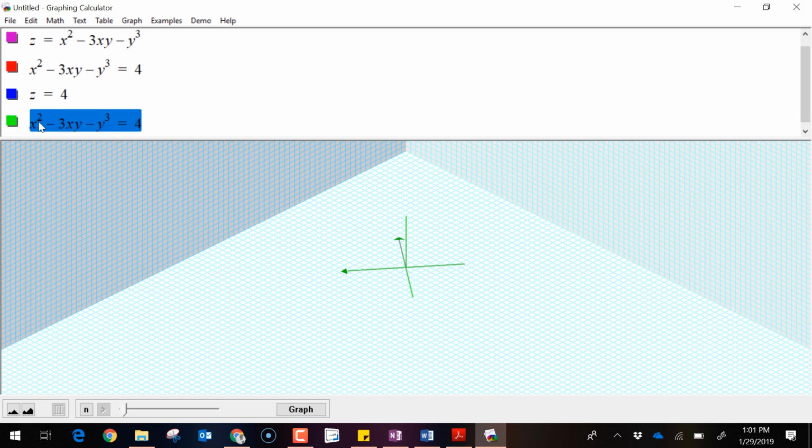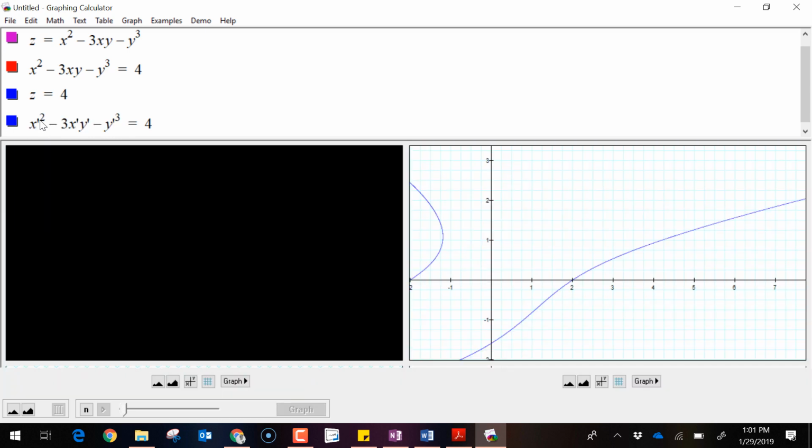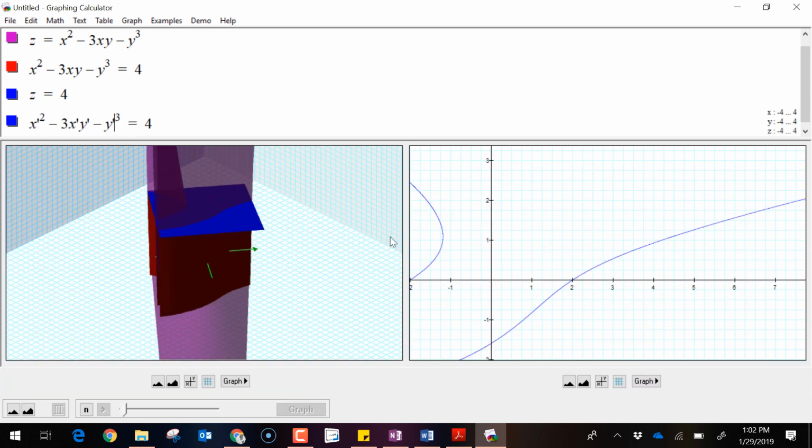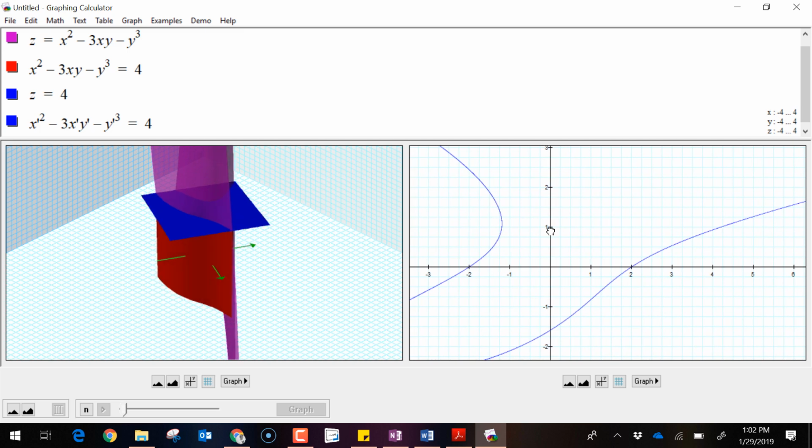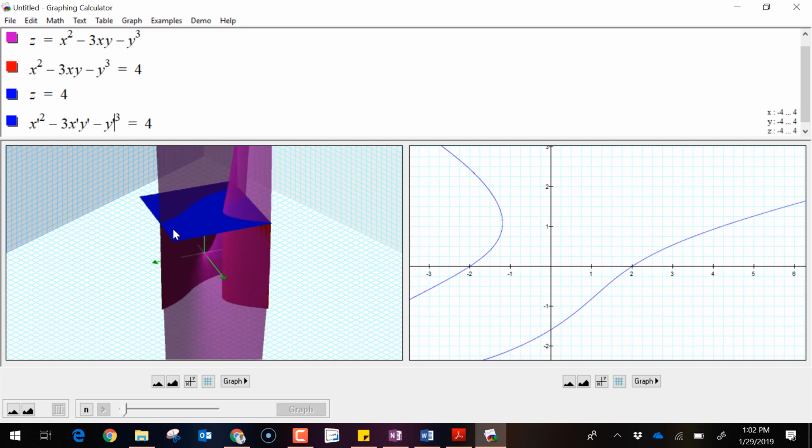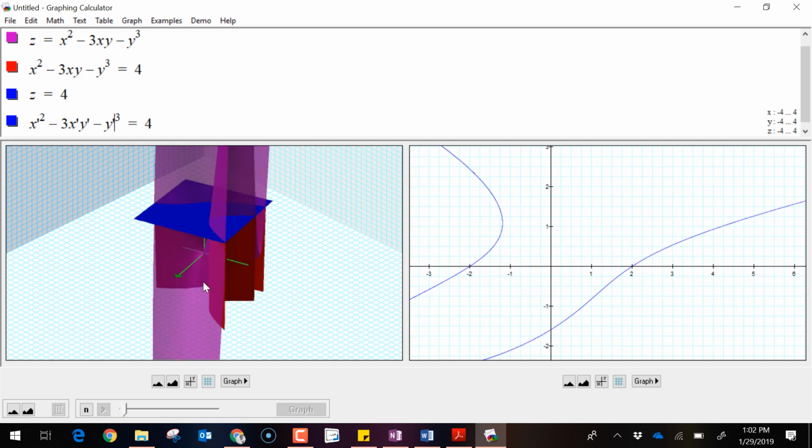on a different graph, and for me to change this into a different graph, I have to do some special notation here. So this is a specific level curve.